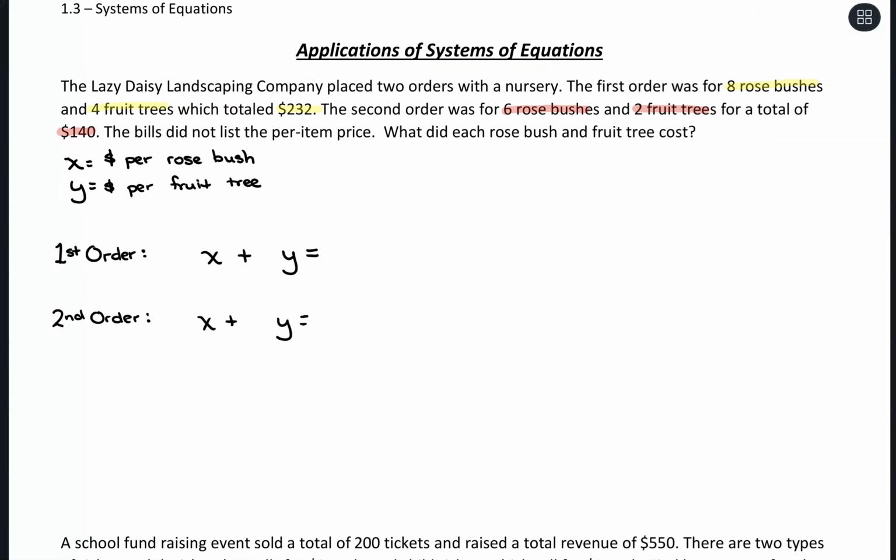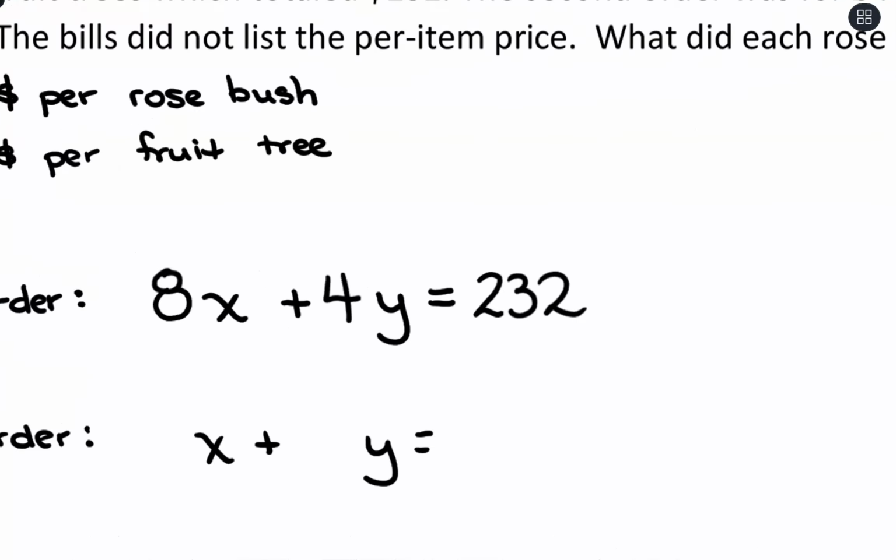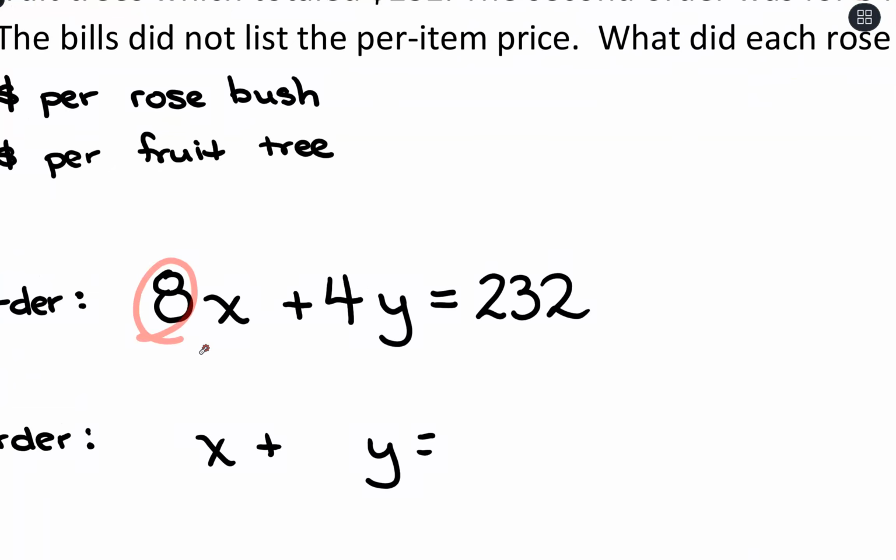So that first order, we got 8 rose bushes, 4 fruit trees for $232. So we have our quantity, and what we would do is multiply that quantity by the price per rose bush. That would give us our total cost for the rose bushes. We have 4 fruit trees, and whatever the cost is for each fruit tree, combining those would give us the total cost of the fruit trees. And we add those together, that would be our $232.